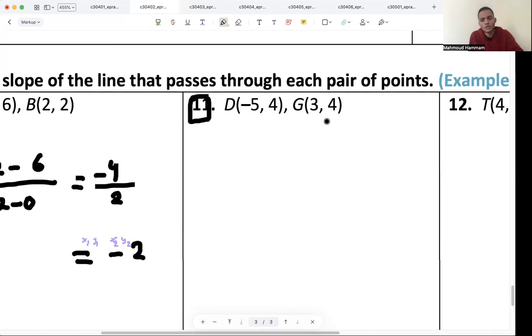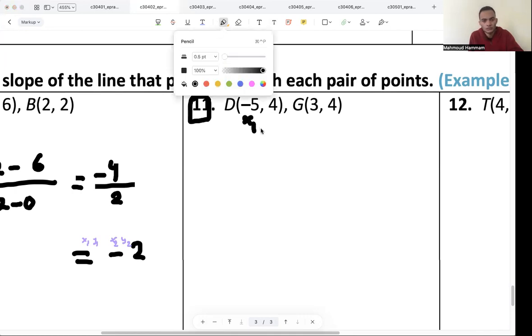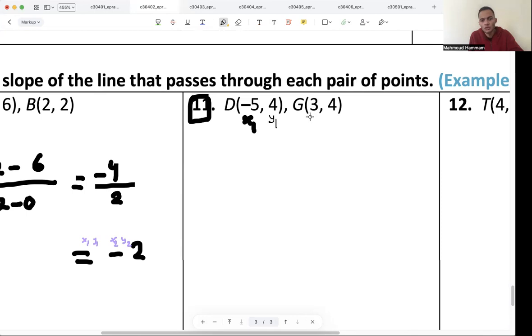Again, I have x1, y1, x2 and y2. m equals 4 minus 4 over 3 minus negative 5.